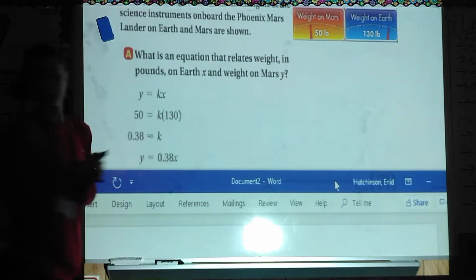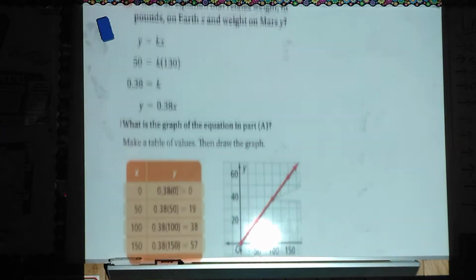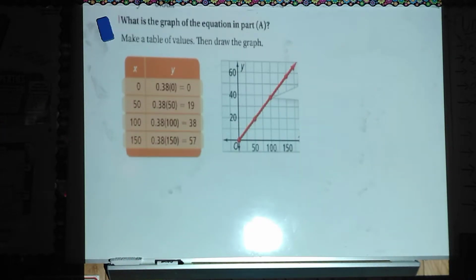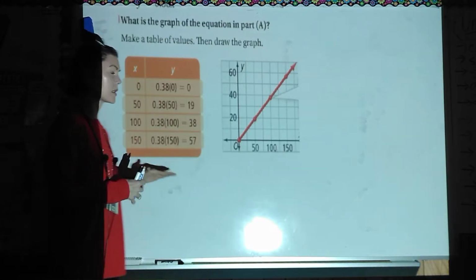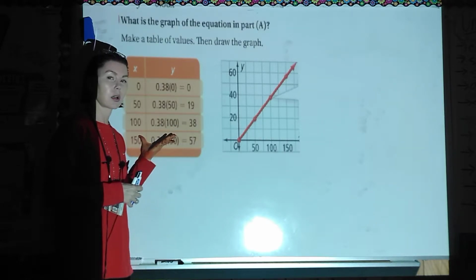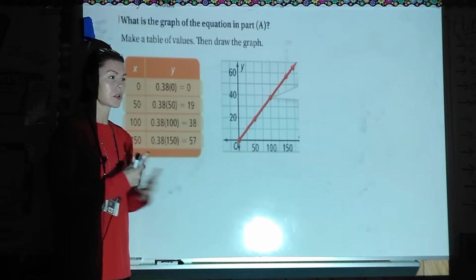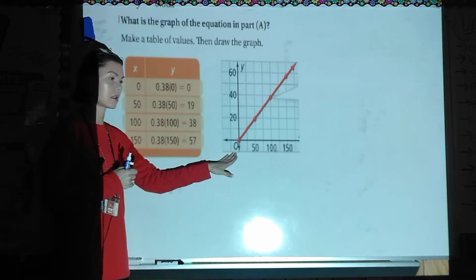Let me show you the table. What is the graph? You have to be able to look at this table and relate it to the graph. First of all, we know this is a direct variation.